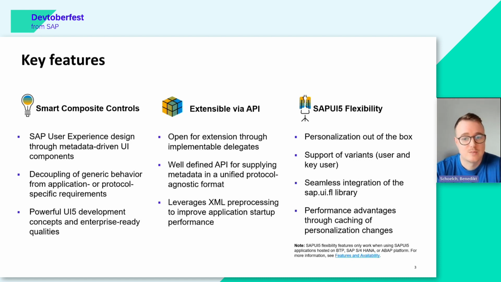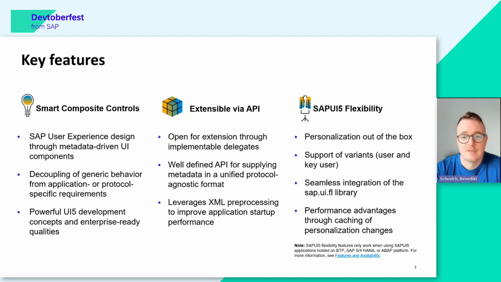With the MDCs, we also decoupled generic UX pattern related behavior from application or protocol specific requirements. So that means you can use the control under any circumstances. And last but not least, all the usual powerful UI5 development concepts like data binding, internationalization, and all of those are also supported out of the box.